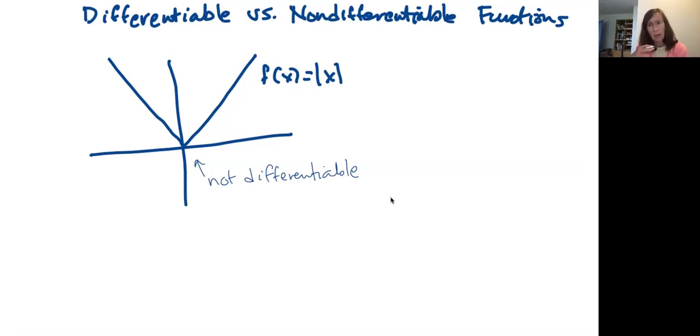But at that one point where x equals 0, you can't take its derivative. An easy way to see that graphically is to think about all the different tangent lines. We have too many tangent lines.